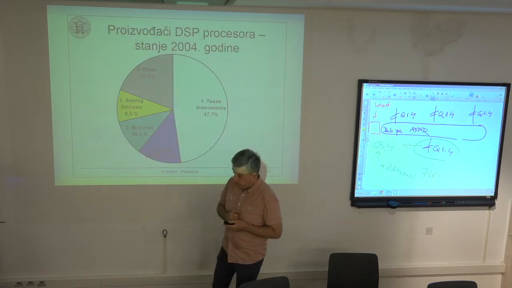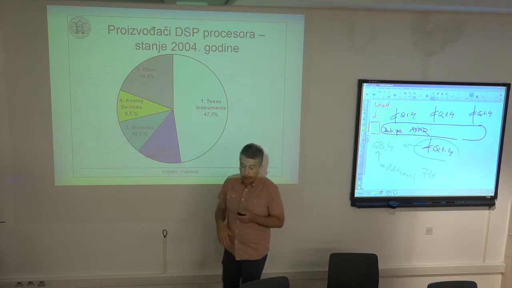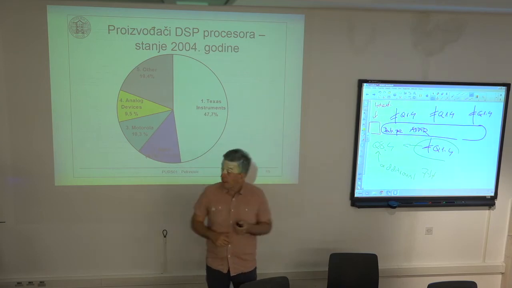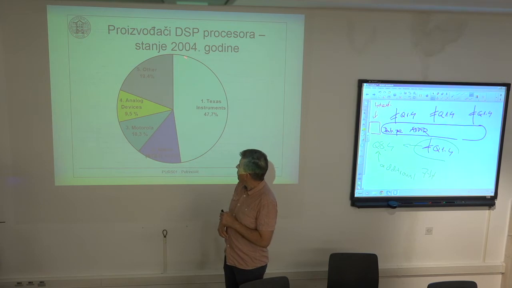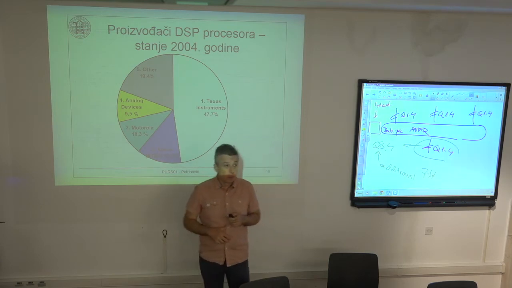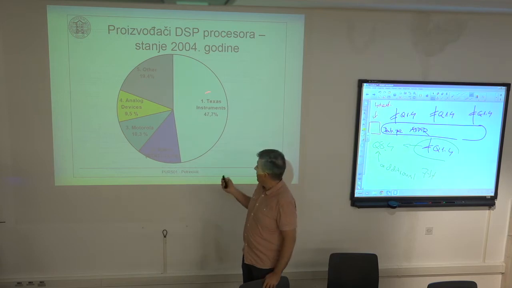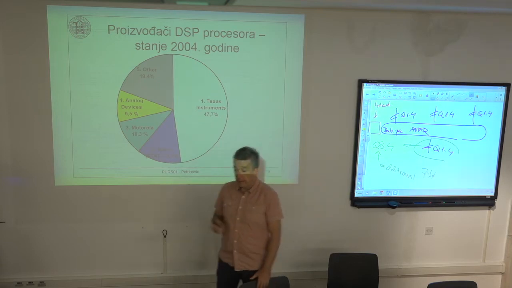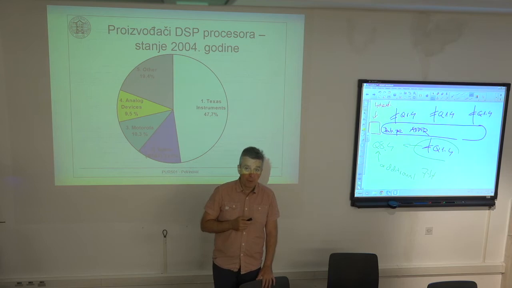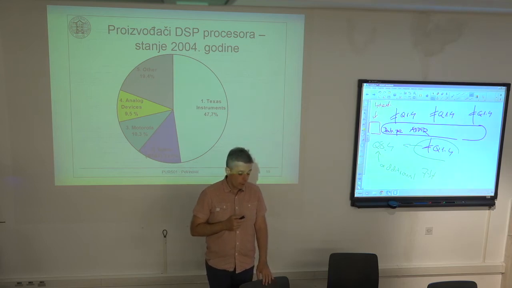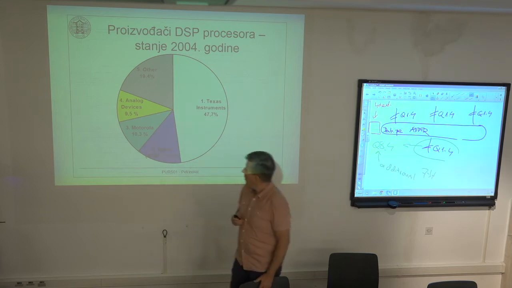Going further, this slide shows the market share in year 2004. So which were the main market players? We can see that the company Texas Instruments had at that time practically 1/2 of the market for DSP chips.